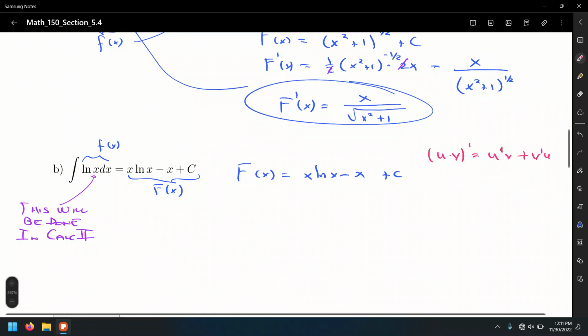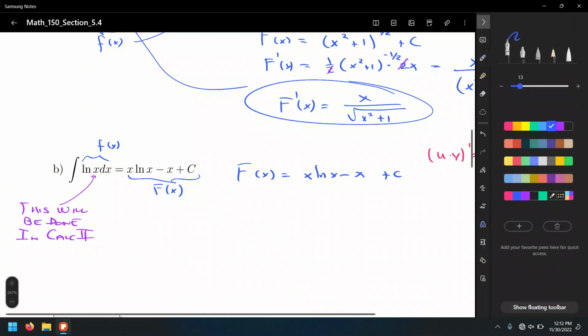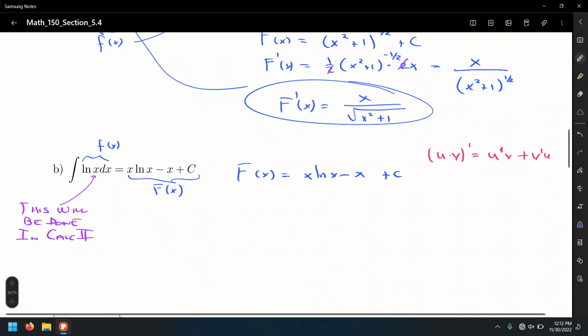So big F prime equals x, the derivative of x, which is 1 times ln x, plus the derivative of ln x, which is 1 over x, times x, minus the derivative of x, which is a negative 1. And the derivative of plus c, which is just a constant, is 0.